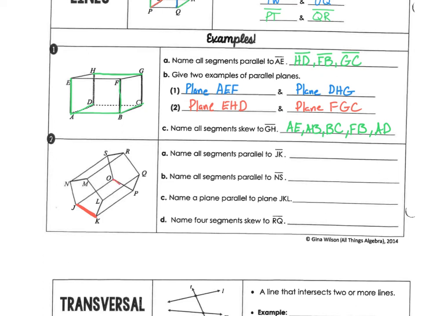OP, good. Okay. All segments parallel to NS. So we have NS. So anything that's parallel to that would be what? The other sides, right? So QL, M and R, J and O, K and P.